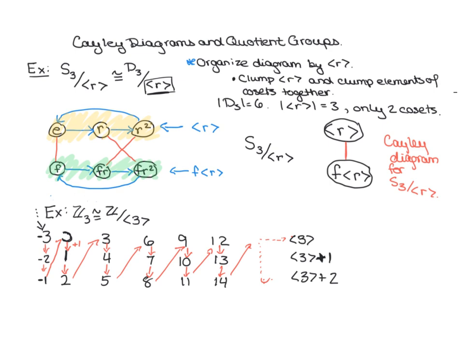And so since we have these all organized according to the cosets, I can just shade them in because we're going to collapse each one into a single element.